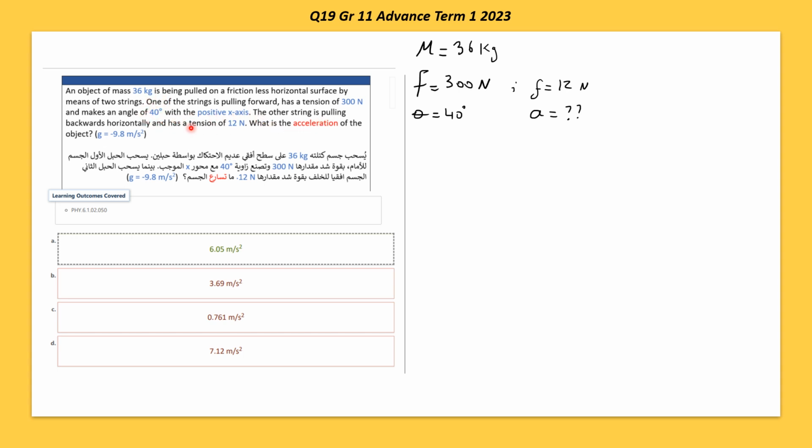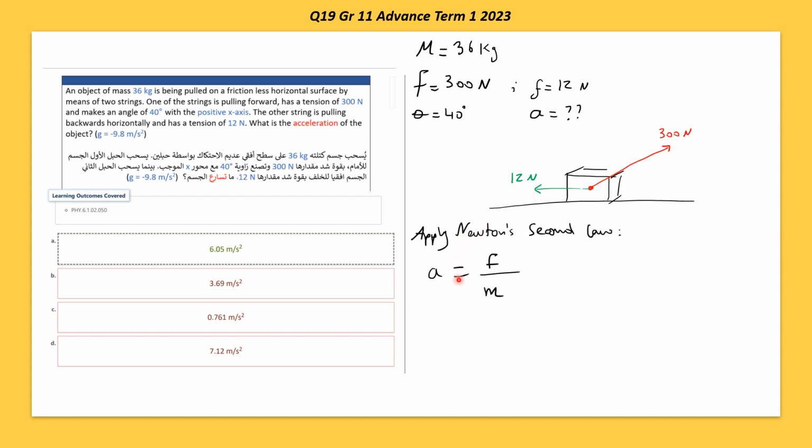The other string is pulling backward with a force of 12 Newtons. What is the acceleration in this case? We have two forces acting on an object and they are asking for the acceleration. That's the picture: 300 Newtons making an angle with the horizontal and 12 Newtons straight backward.